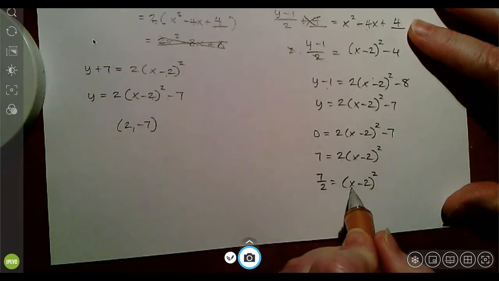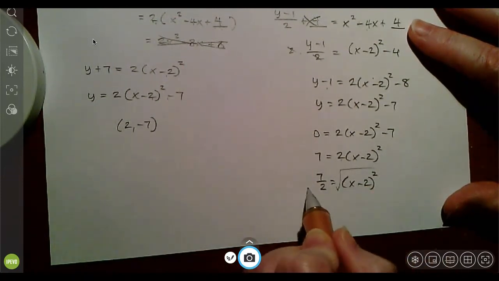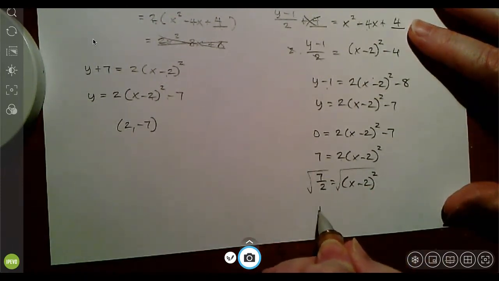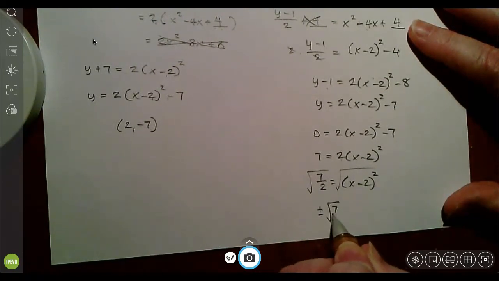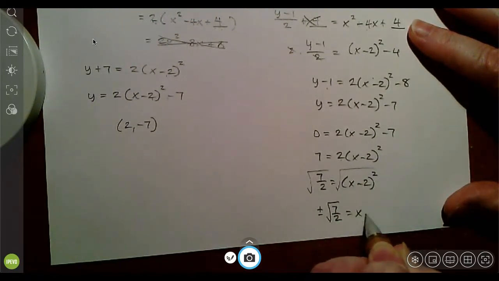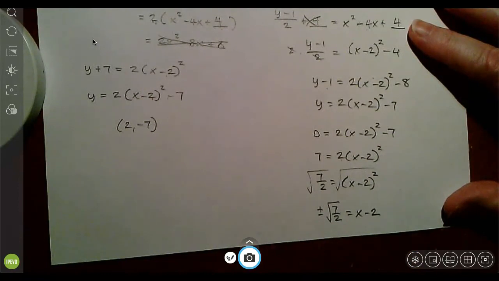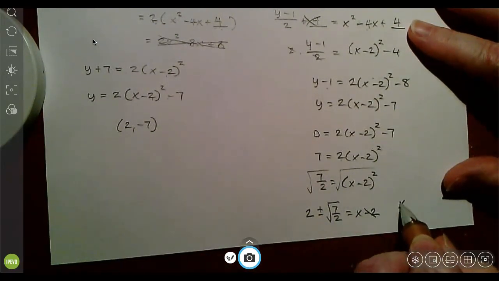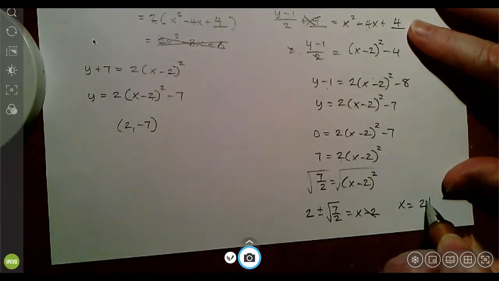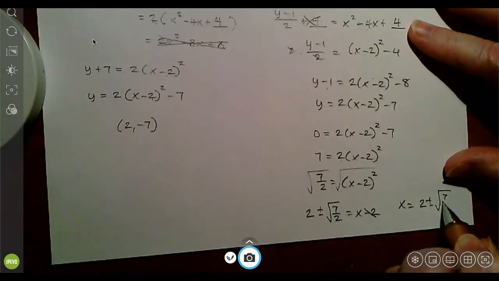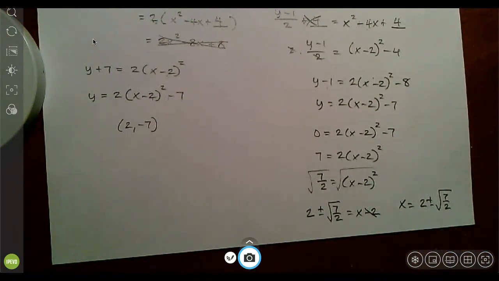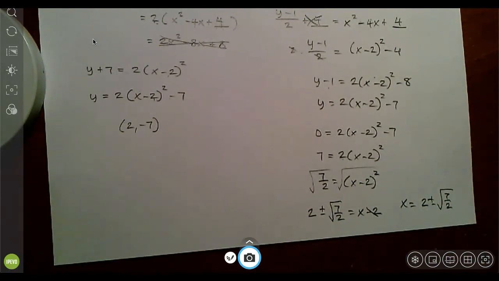So now I can take the square root of both sides, and I'm going to get plus or minus the square root of 7 over 2 equals x minus 2. And then I can go ahead and just add 2 to both sides. So my x-intercepts then are 2 plus or minus the square root of 7 over 2. So these should look familiar to you, and it's fine with me for right now if you leave your answer that way.